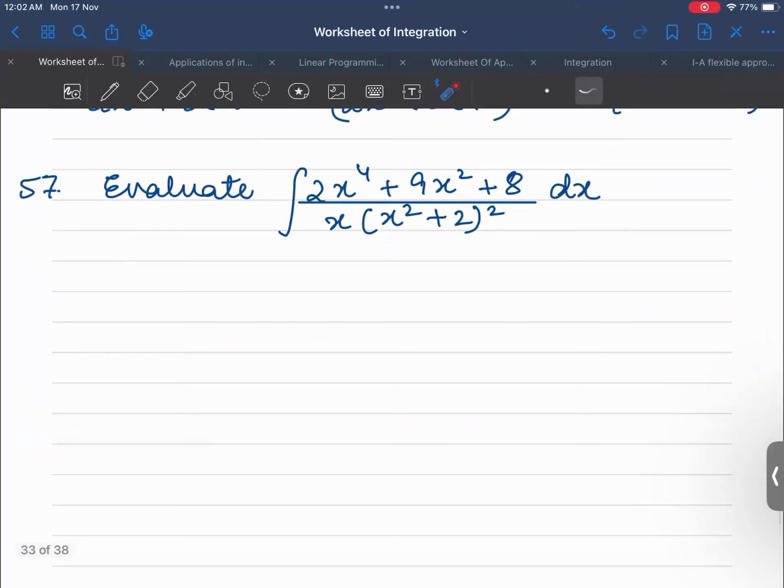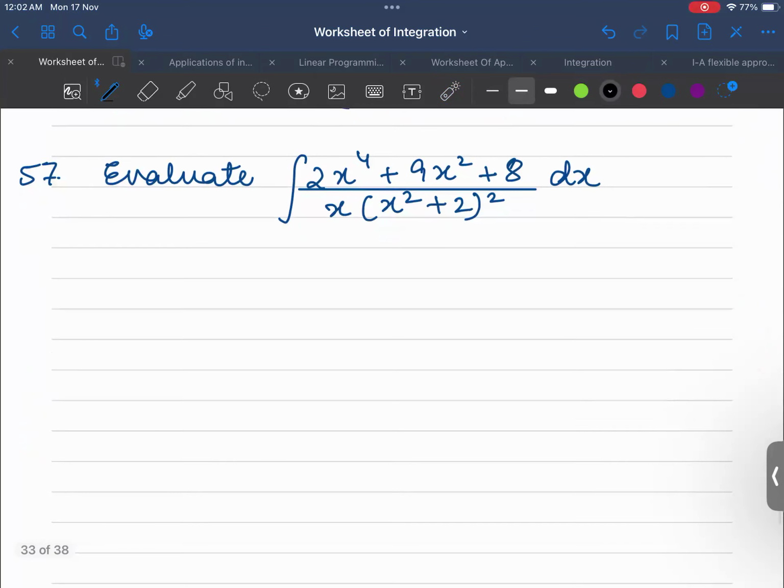Okay. Now let's start with evaluate. We have to evaluate this question: 2x power 4 plus 9x square plus 8. We can easily see the denominator.